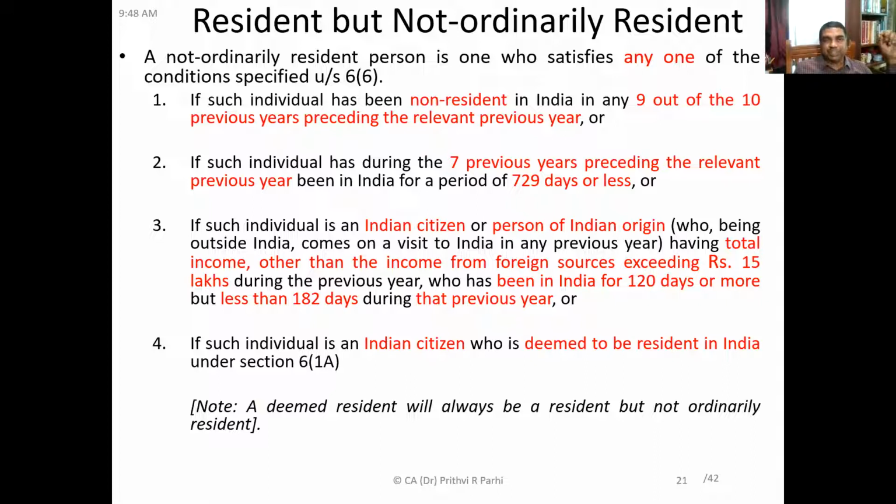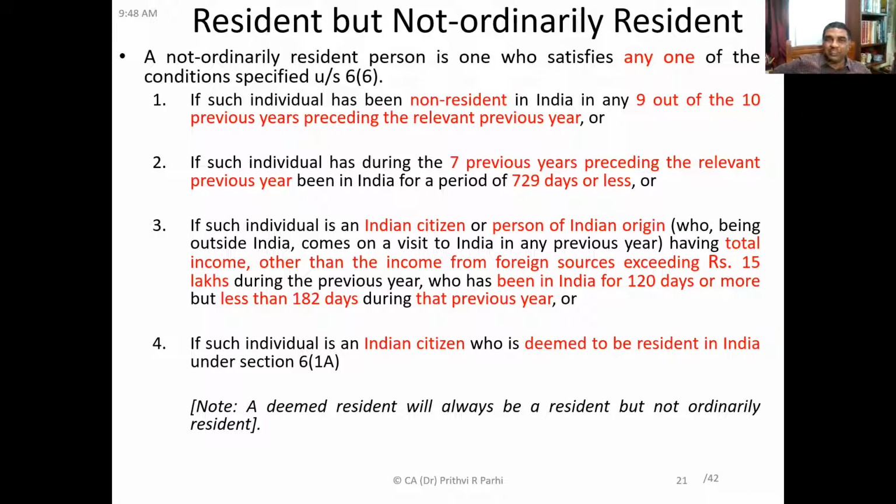For example, if such individual is an Indian citizen or a person of Indian origin, who being outside India comes to India on a visit in any previous year, and the total income other than the income from foreign sources, that means his Indian income, is exceeding 50 lakh rupees during the previous year, and who has been in India for 120 days or more, but less than 180 days.